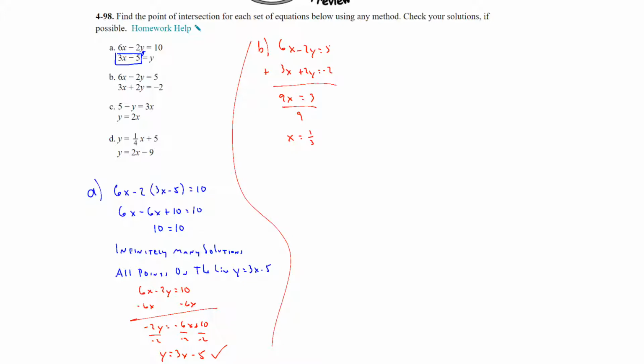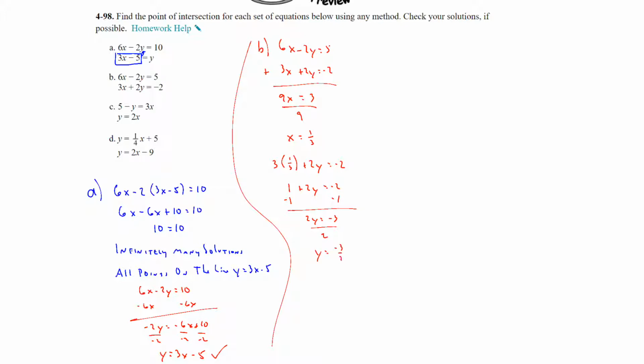And so we will take 1/3 and plug it into one of our two equations. I'll plug it into the second one. So 3 times 1/3 plus 2y is equal to negative 2. 3 times 1/3 is 1. Subtract 1 to the other side. That'll give us negative 3. Divide by 2.